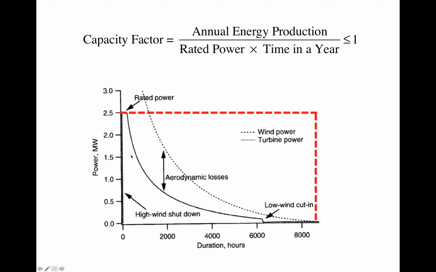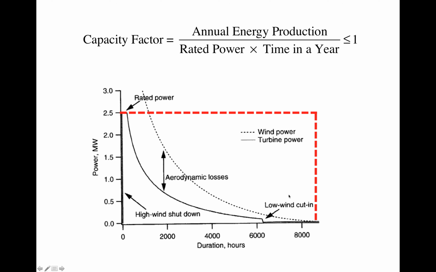If the wind turbine runs at its rated power for the full year, then the energy produced is going to be the area that's underneath this red dashed line. So if the horizontal axis is like 1 year, 8,700 hours or something, that kind of thing, and the turbine is running at its rated power for the entire duration of the year, then the denominator of this factor is going to be the area underneath the red dashed line.